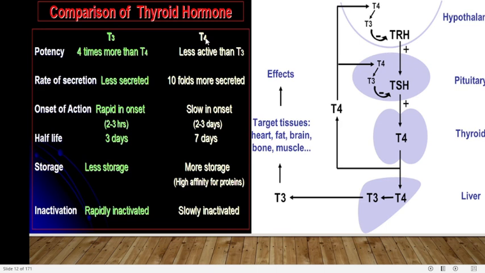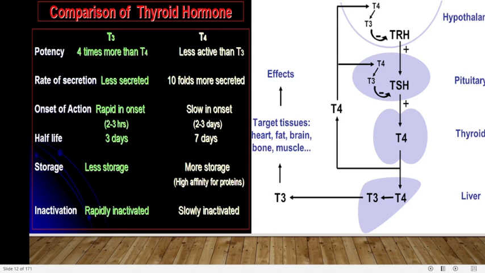Rate of secretion, T3 is less secreted, while T4 is secreted 10 folds more compared to T3. In terms of onset of action, T3 is rapid in onset, whereas T4 is slow in onset. The half-life of T3 is around 3 days, whereas the half-life for T4 is averagely 7 days.